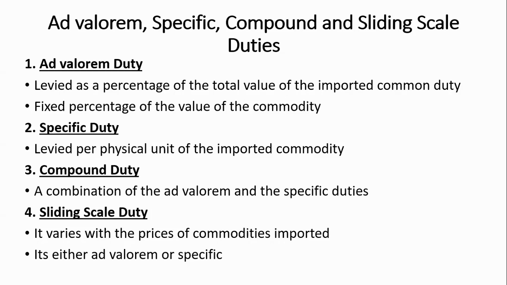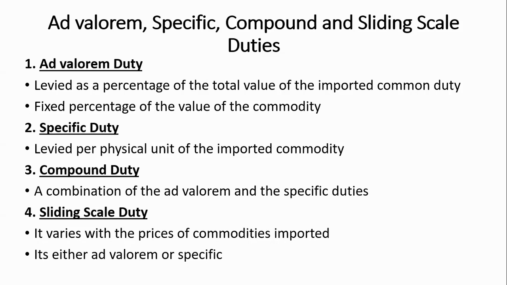Then the next one is compound duty. It is nothing but a combination of ad valorem plus specific duty. In this case, the units of an imported commodity are levied a percentage ad valorem duty plus a specific duty on each unit of the commodity.